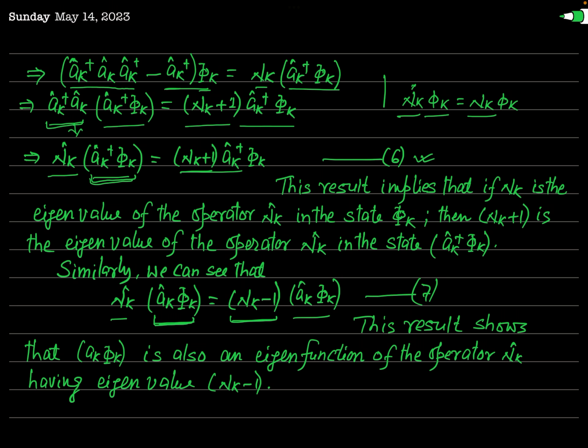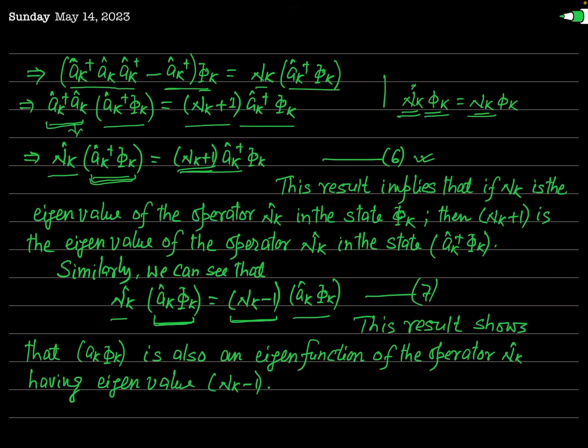Till now you have considered three eigenvectors. When the eigenvector is phi k, the eigenvalue of nk hat is nk. When it is ak dagger phi k, the eigenvalue is nk plus 1.